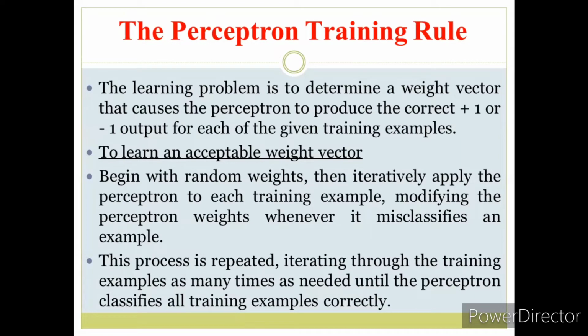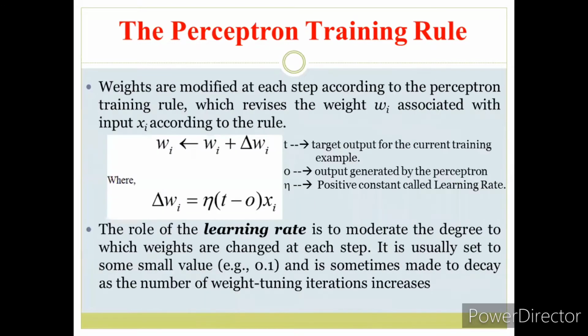This process is repeated until the correct result is obtained, that is, iterating through the training examples as many times as needed until the perceptron classifies all the training examples correctly.